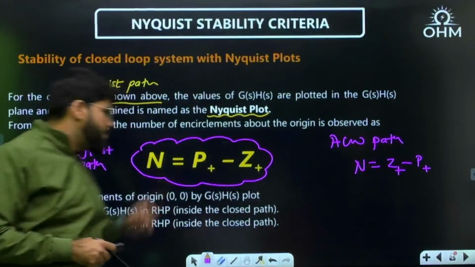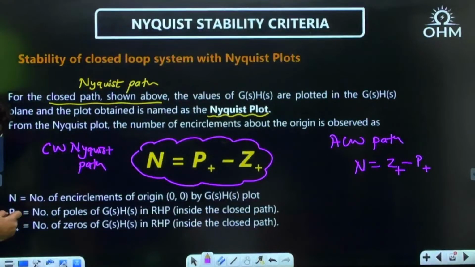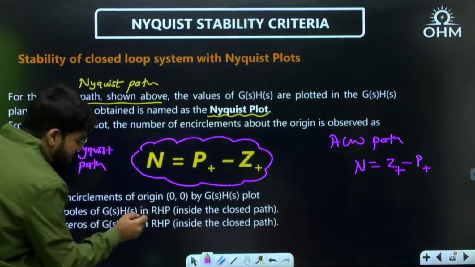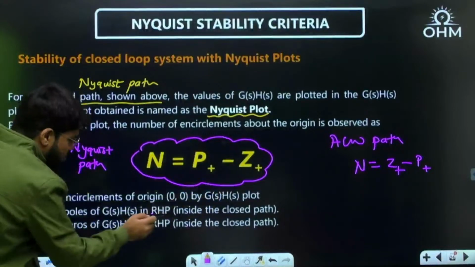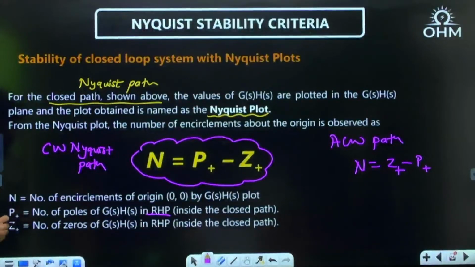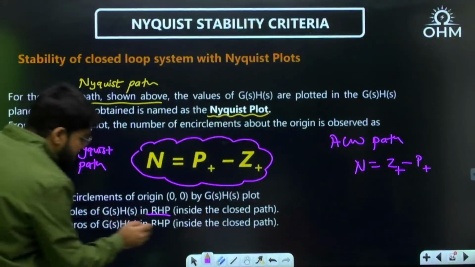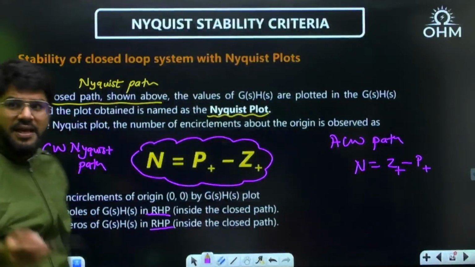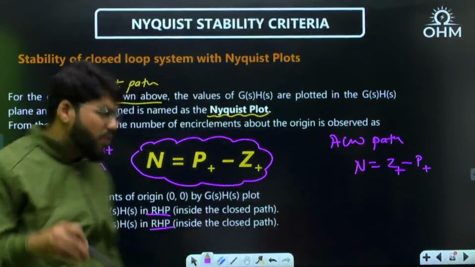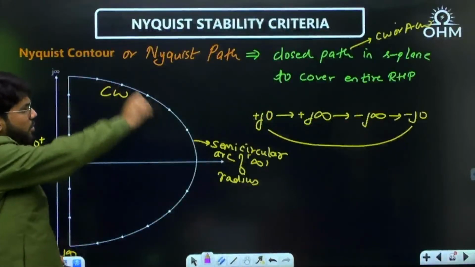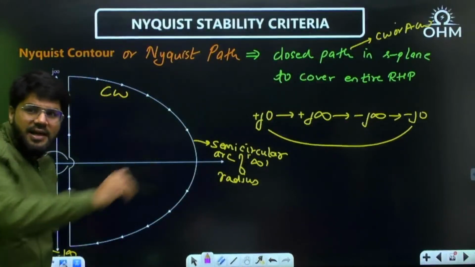Have a look at this definition with me. What is P plus? Poles of G(s)H(s) in the RHP, actually inside the closed path, which is the RHP here. Similarly, what is Z plus? Zeros of G(s)H(s) inside the closed path. What is the closed path right now? It covers the entire RHP.